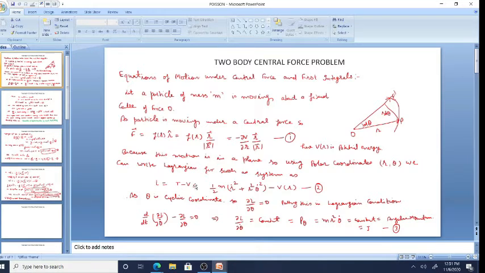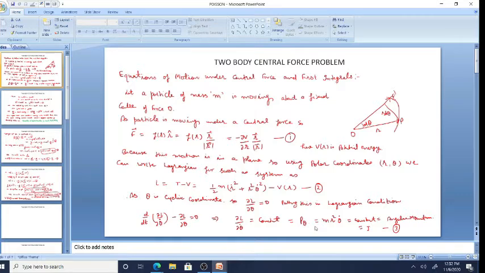Here in equation number 2 you can see that theta is not present, so we will consider it as a cyclic coordinate. So we can write del L over del theta is equal to 0. Now if we put del L over del theta equal to 0 in the Lagrange equation, then you can see that del L over del theta dot will be equal to a constant, and we know that del L over del theta dot is equal to p theta, which is called the angular momentum or generalized momentum in terms of the angle.